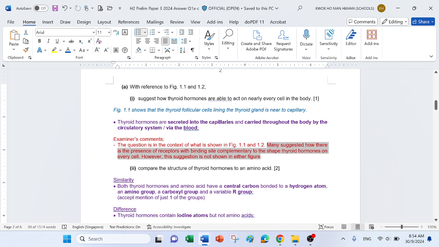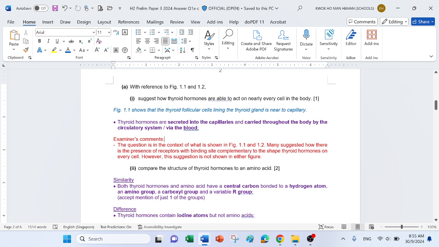In figure 1.1, we see the thyroid gland, and the information mentioned says the thyroid gland is lined with thyroid follicular cells. We can see in figure 1.1 that there are blood capillaries very near to the cells.